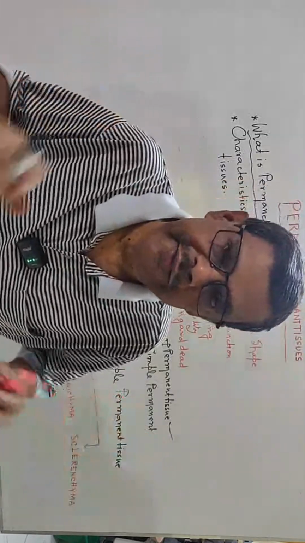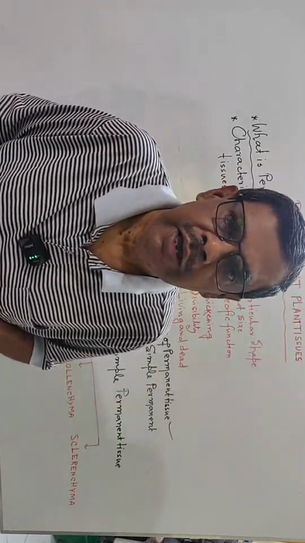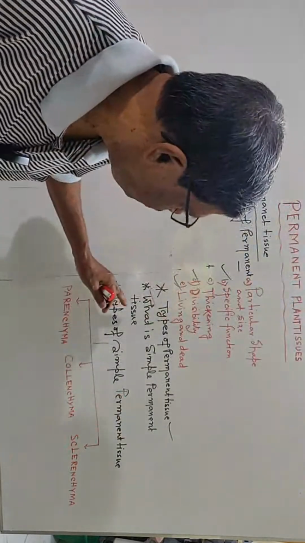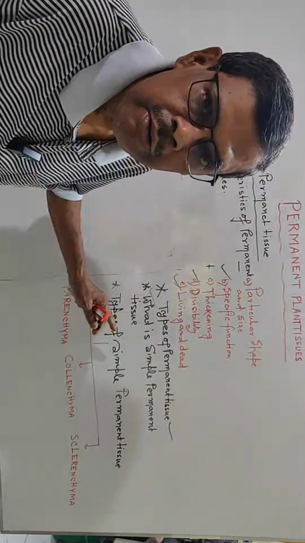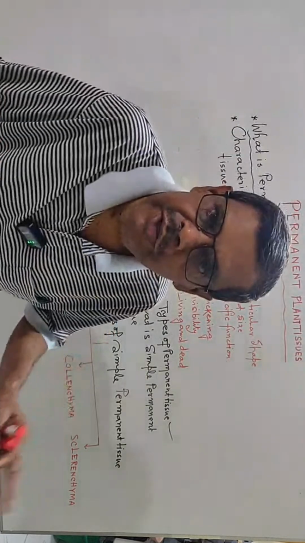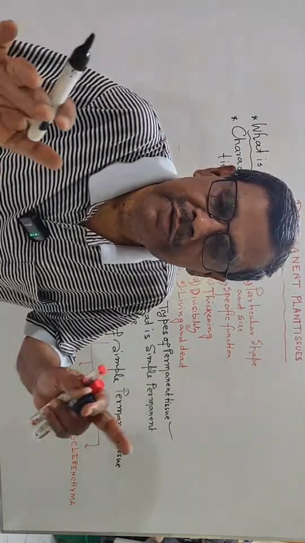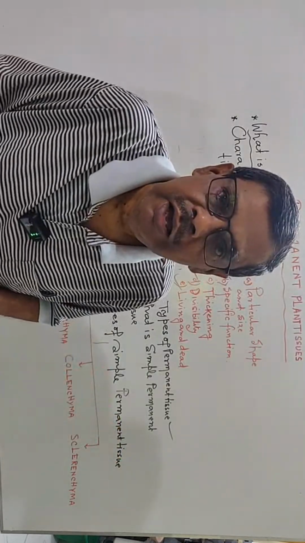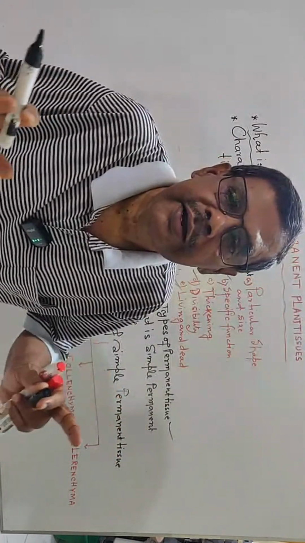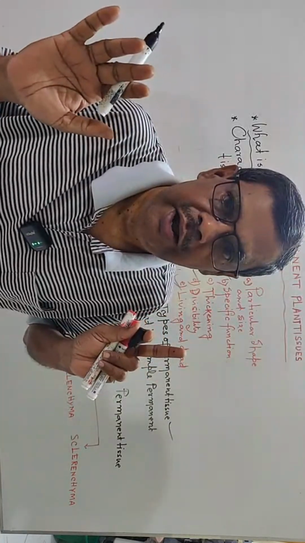In simple permanent tissue, cells are same in origin, same in shape and they do the particular function.